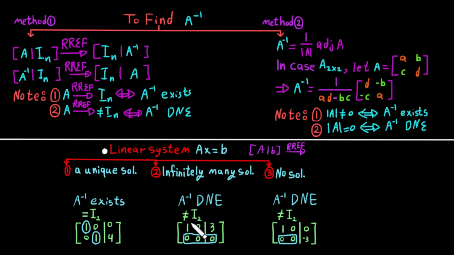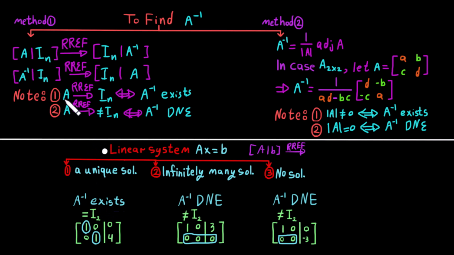And you can see in this, you cannot transform A to identity because here you have a 0 row. So that's why here A inverse does not exist, and here A inverse does not exist, because you cannot transform this side to identity. But here in a unique solution, if you apply RREF to this side, you will get like this. Therefore, A inverse exists. So this is behind what we have done here.